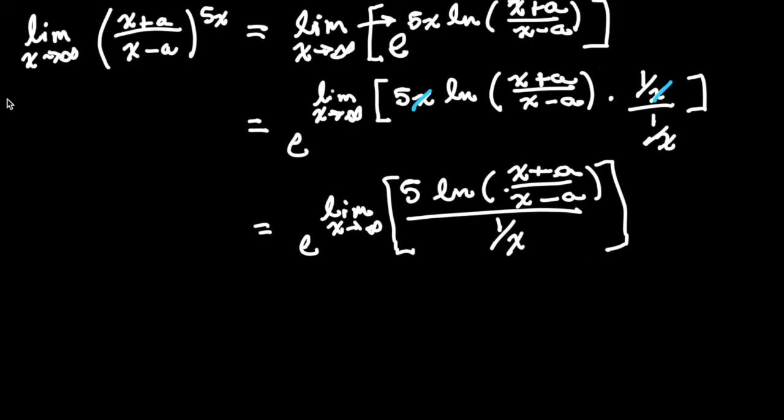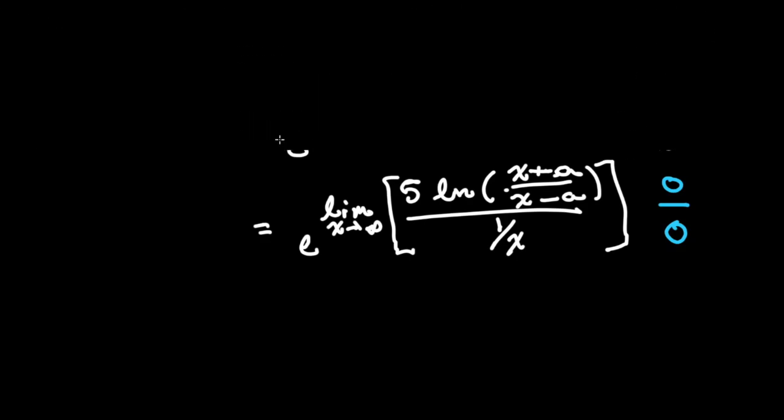And so if we consider this again, we're going to have something of the form of 0 over 0, which now means we can apply L'Hopital's rule. And I'm just going to clear up the board a bit here because we're going to have to do quite a bit more.